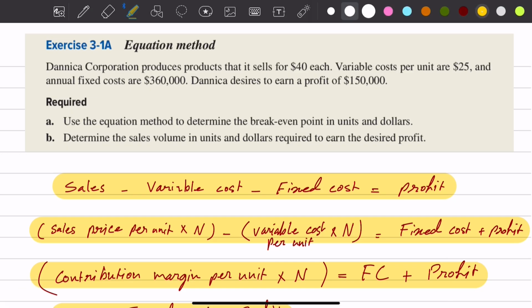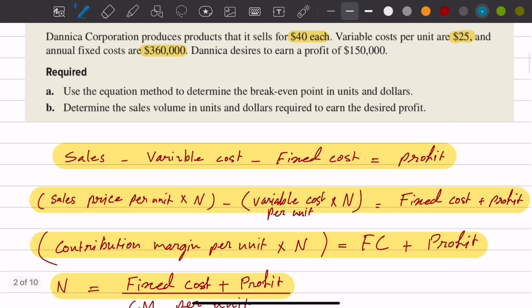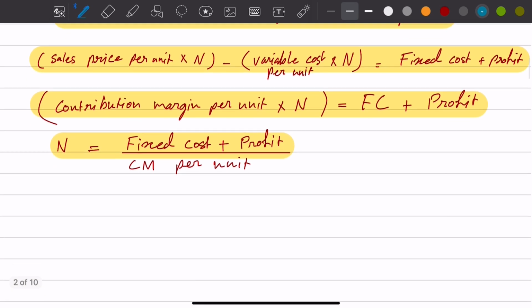in the question. The selling price per unit is $40 each. The variable cost is $25, and the fixed cost is $360,000. Okay? So A, the selling price is 40, multiplied by the number of units.